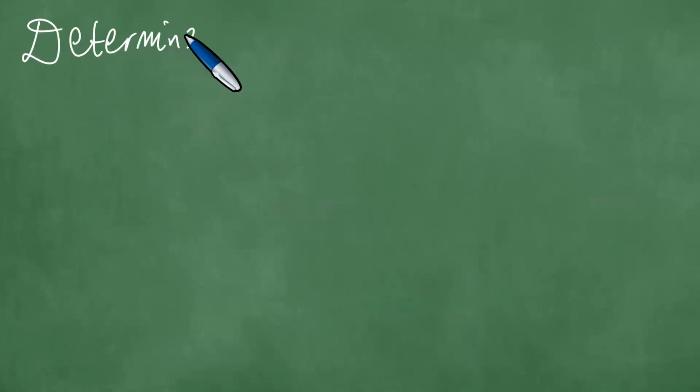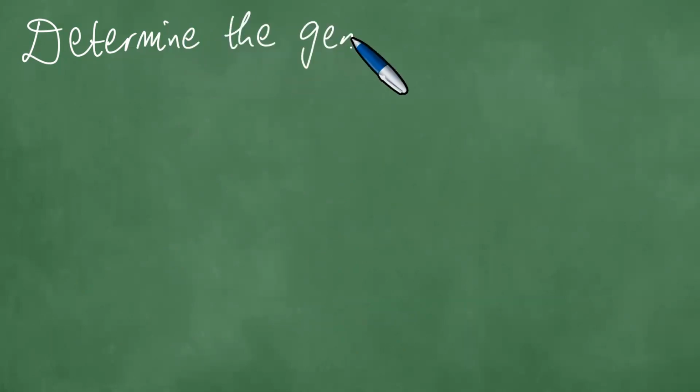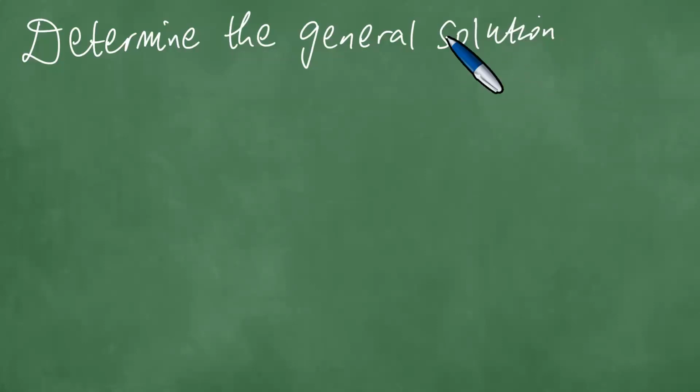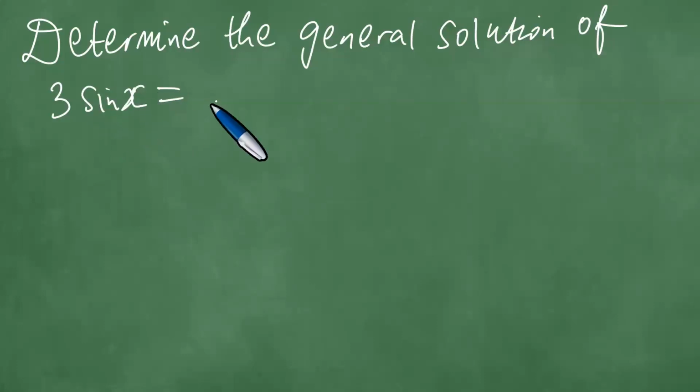Okay, here we need to determine the general solution of 3 sin x equals 2 tan x.